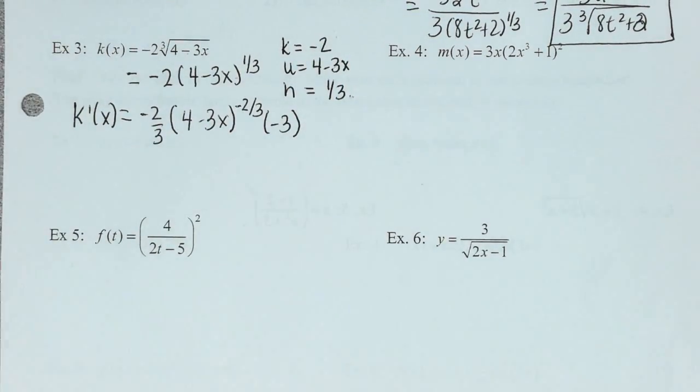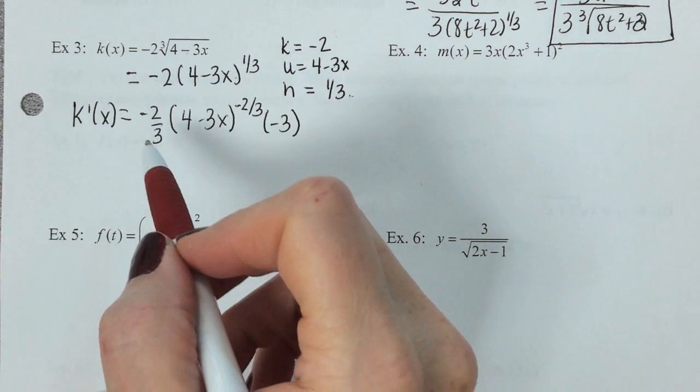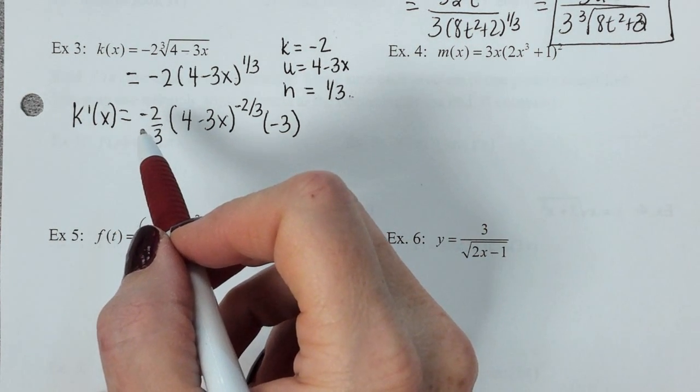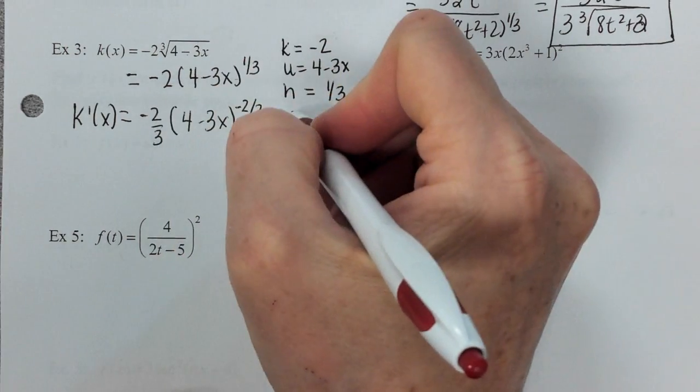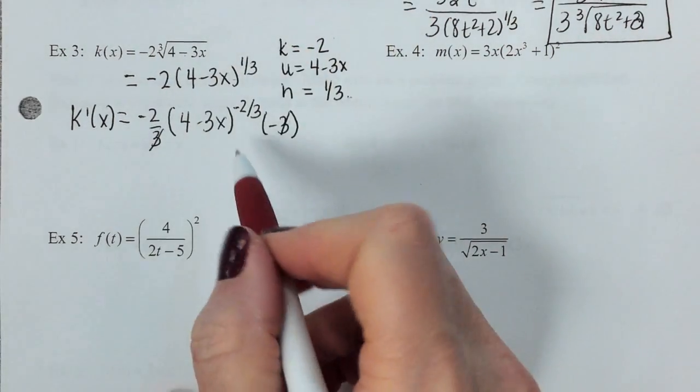Okay, now take a minute and simplify that. We don't want to have negative exponents, and we want everything simplified. So hopefully you notice that these 3's would cancel because we have 3 divided by 3.